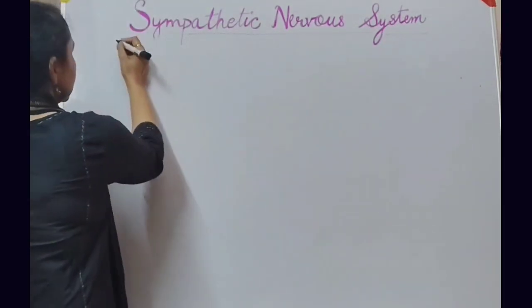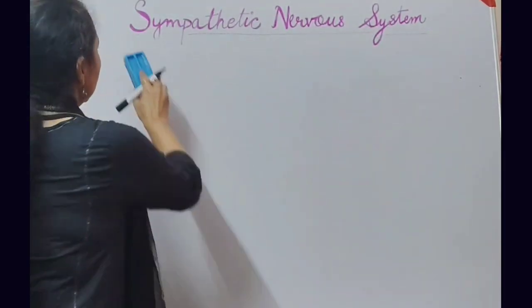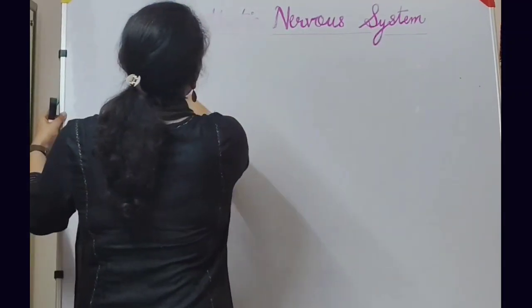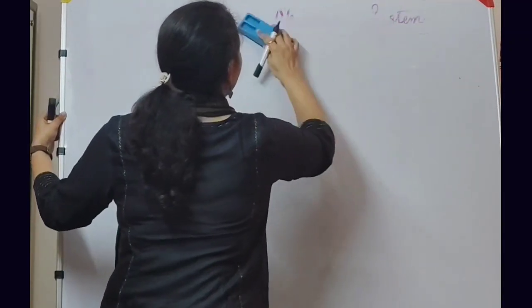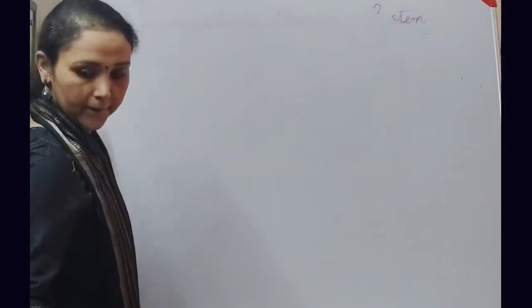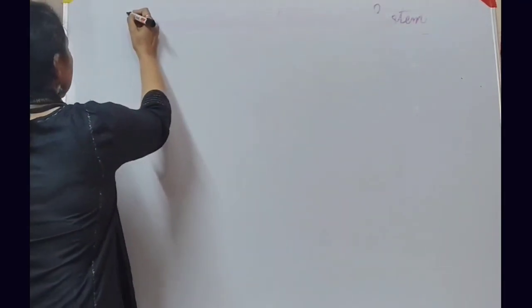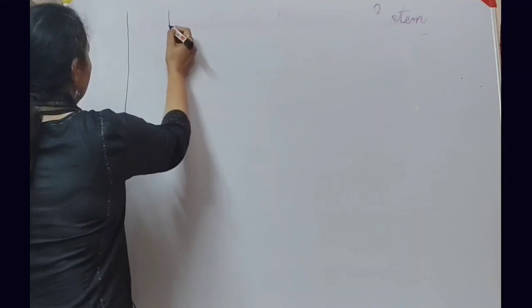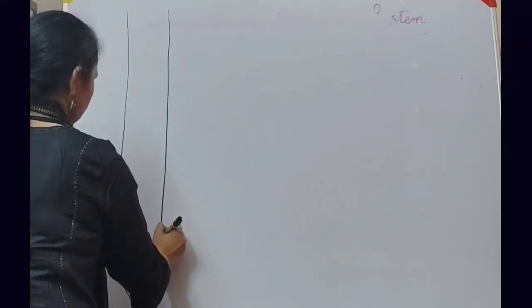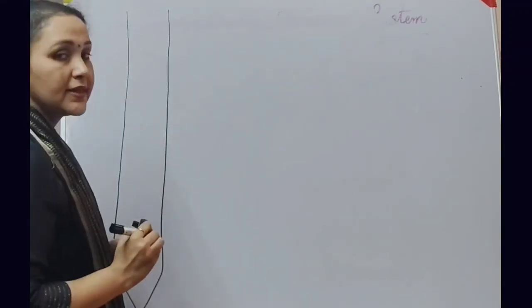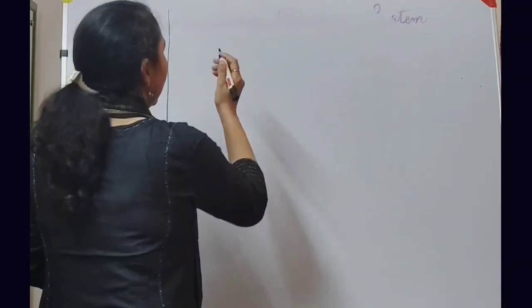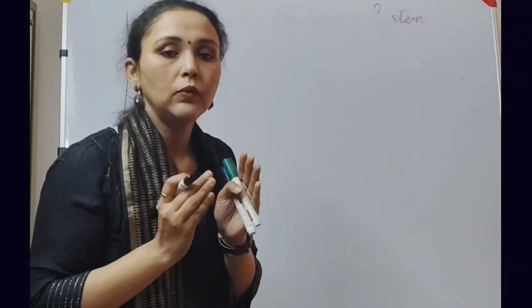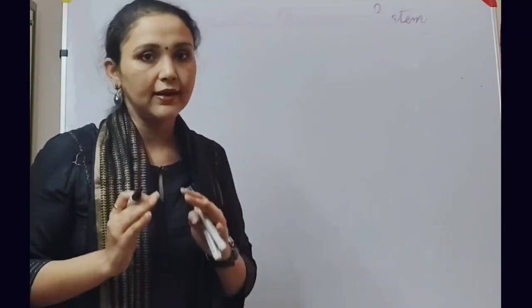Now this is the spinal cord, right? And then near the spinal cord we have the sympathetic chain which has ganglia.